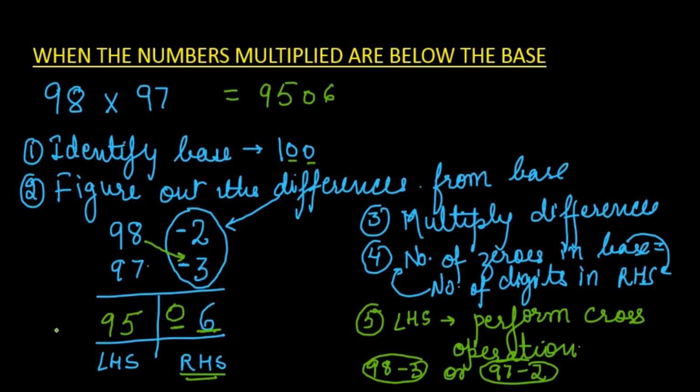Isn't this method quite simple and very quick? Let us take one more example in which we will deal with little bigger numbers and see how this method works. Okay, so let the two numbers here be 9998 into 9999.